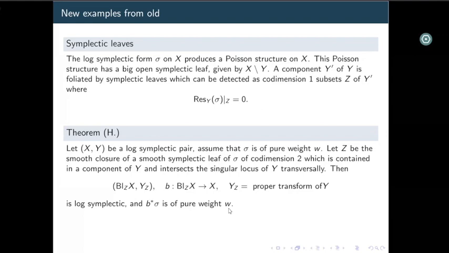So these log Calabi-Yau surfaces are log symplectic, and if you look at the symplectic leaves in the dimension 2 case in the boundary divisor, the ones that you find here are just points. So in fact, this is some sort of generalization of that statement. You can produce new log symplectic surfaces by blowing up points in the boundary, and in order to do this with log symplectic pairs of arbitrary dimension, you just blow up the symplectic leaves in the boundary.